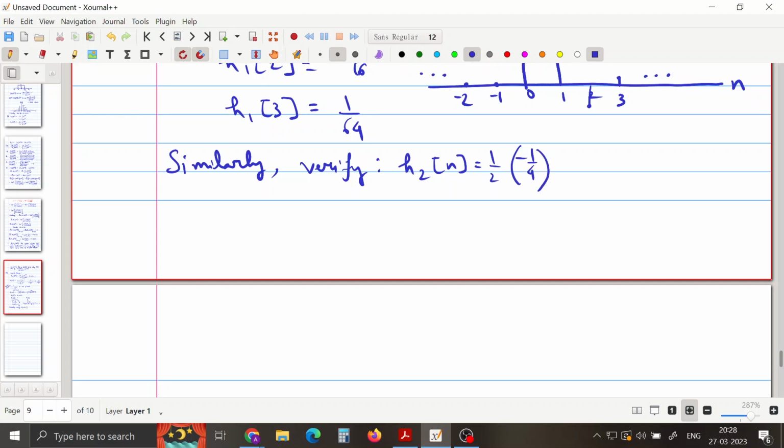You have to take the Z transform and then you can take its inverse Z transform by using that relation, a power n u of n, and you should get it like this.